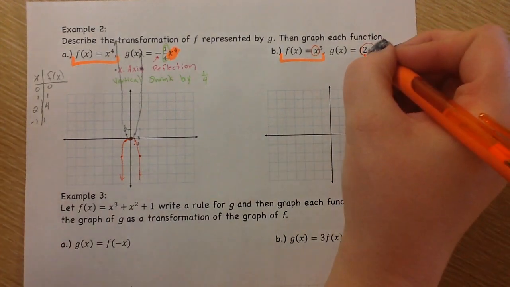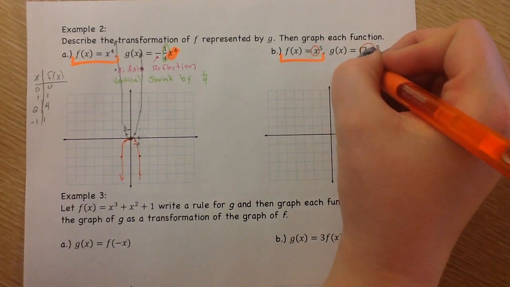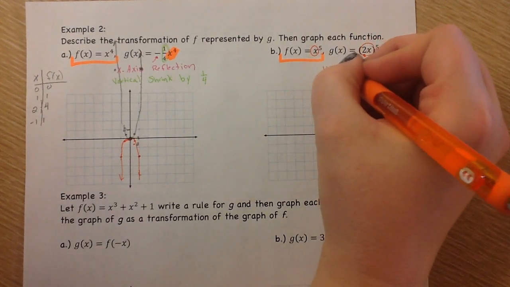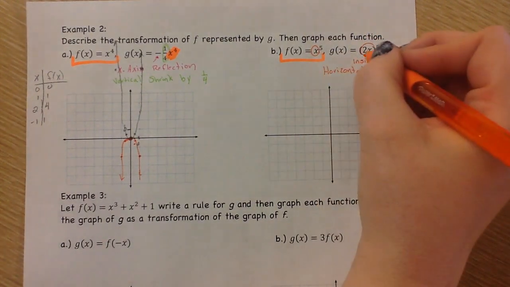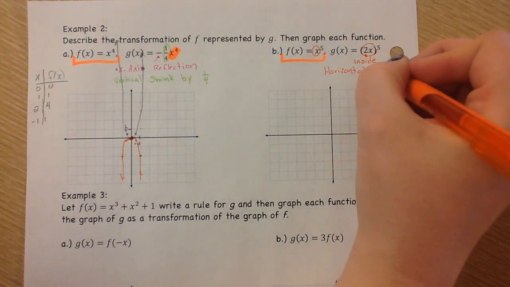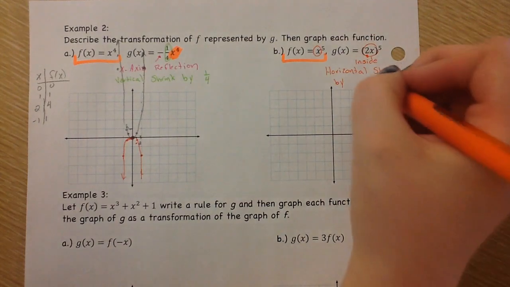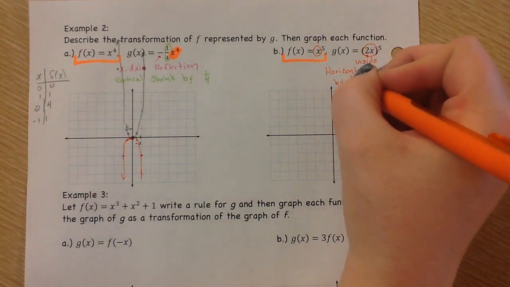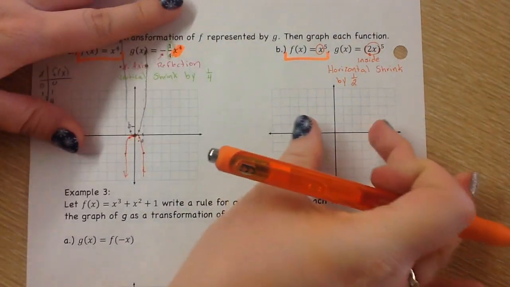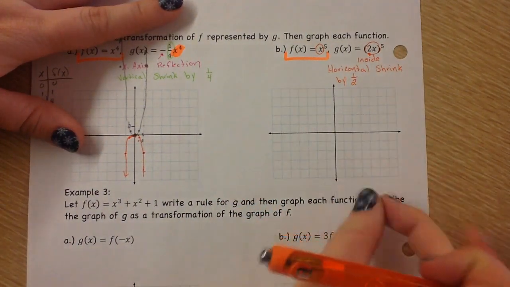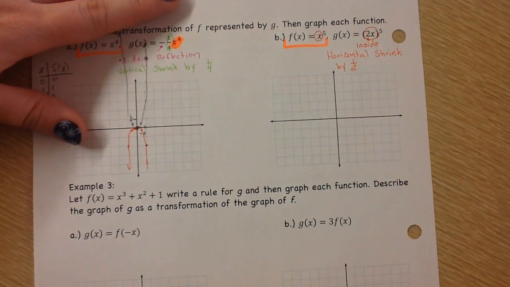So they multiplied the x by 2 inside, which means it's horizontal, and it's going to work backwards. Since it's a 2, it's going to be a horizontal shrink by, instead of 2, 1/2. It's going to squeeze all of them to half their distance this way.